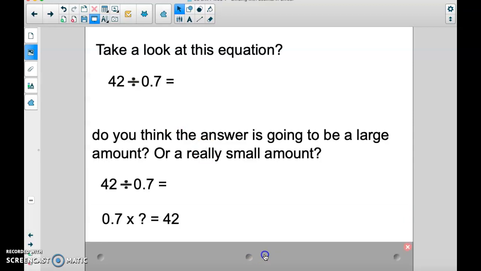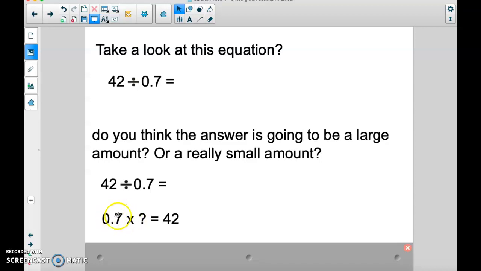So when I think about it, I know 42 divided by 0 and 7 tenths is the same thing as saying 7 tenths times what number equals 42. And if I remember from last week, when we were multiplying by a decimal number, it got smaller, right?